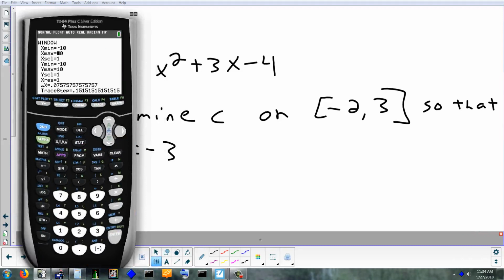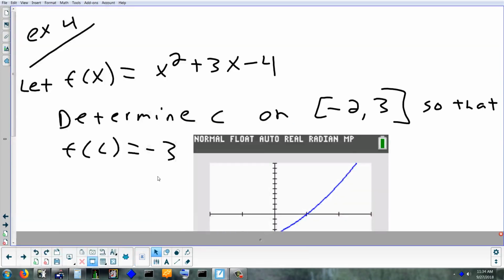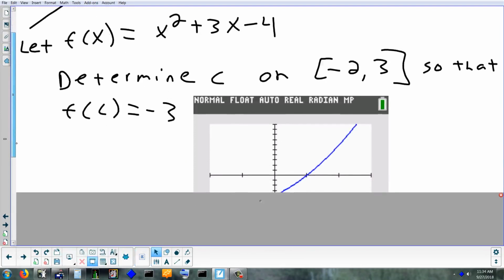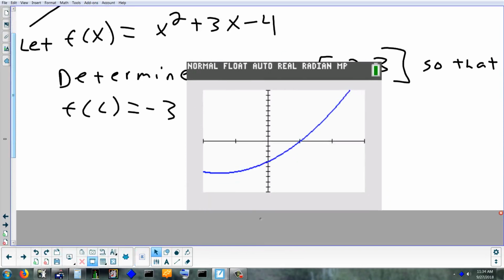So let's do that. Between negative 2 and 3. That's it. Pretend that nothing else exists except what you can see on the screen right there. Just that part of the parabola. So the question is, can we find a value somewhere where the graph hits negative 3 with what you can see on the screen?